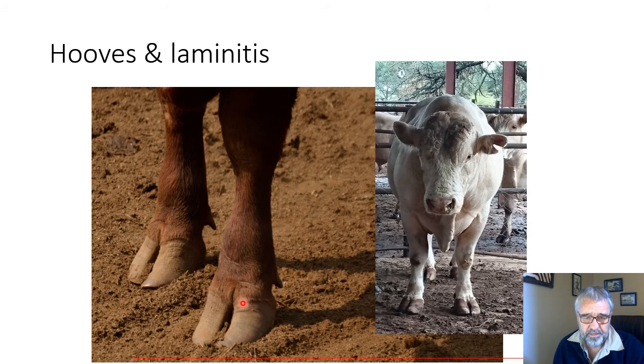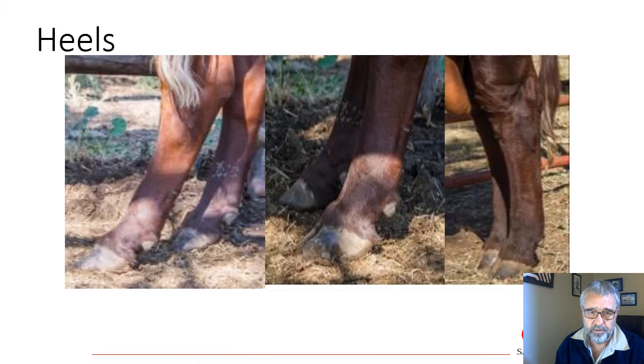If they get infected, it's extremely painful, and that could also make an animal non-functional. So very well formed claws, equal in size, and not growing excessively is what one would like in your breeding animals. These are just also some examples in terms of heels.